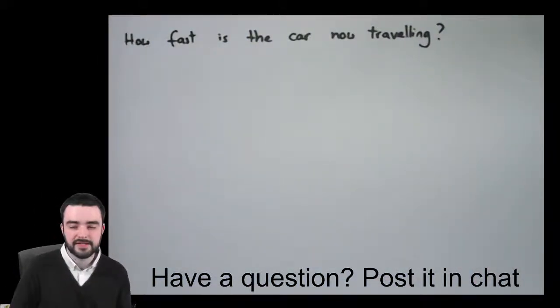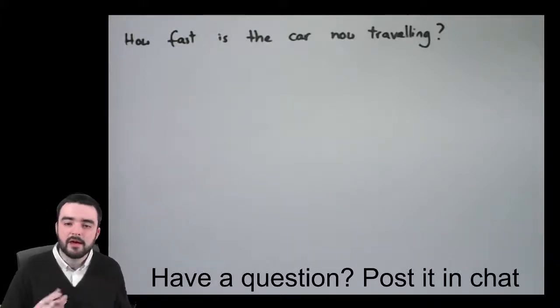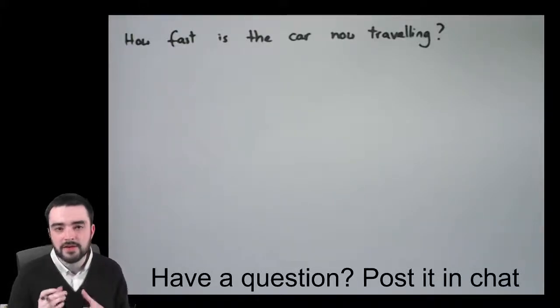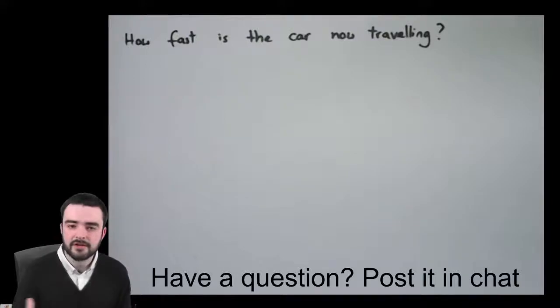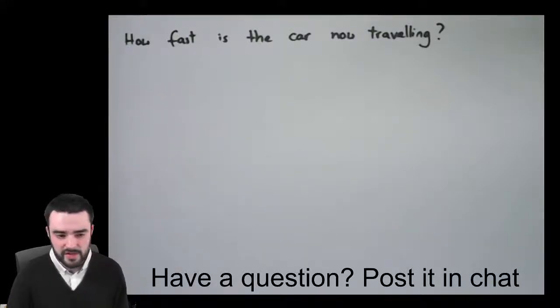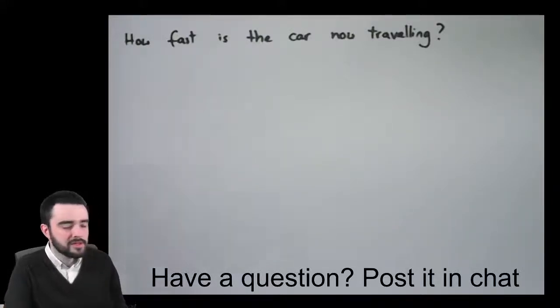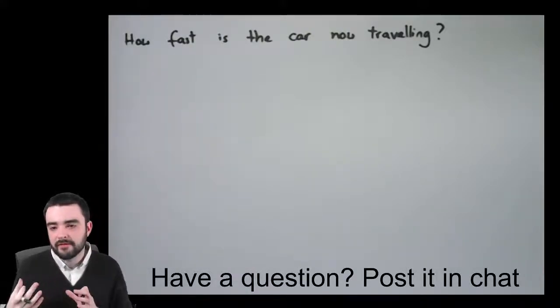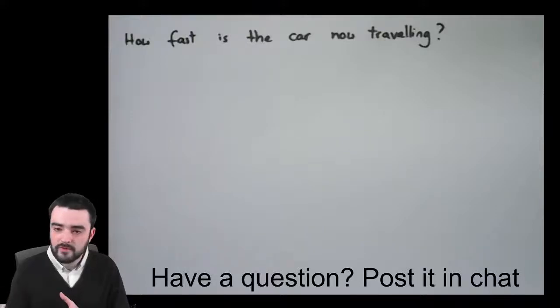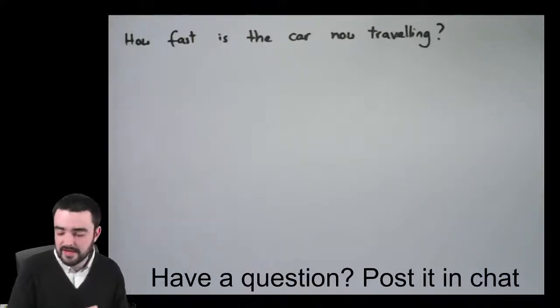How fast is the car traveling now? Now we're going to be assuming that it's not transferred energy into any other stores. This is a perfect world where energy just goes into the stores that we want and nothing's wasted. So in this case, we can imagine that all the energy is going to be transferring from gravitational potential energy to kinetic energy.